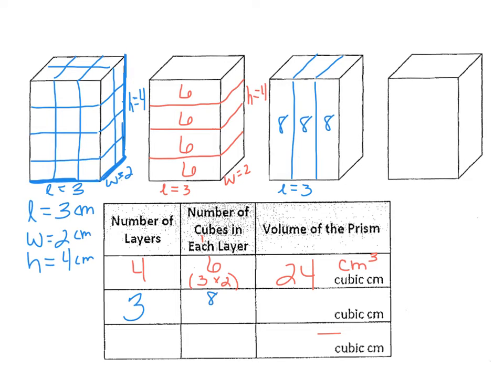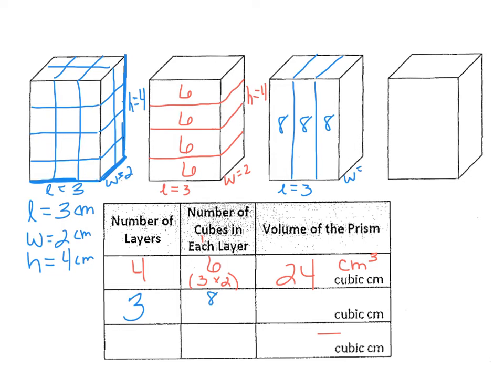Well, I'm going to put 8, and number of cubes in each layer is 8 in my table. But how did we get 8 though? Looking at my original rectangular prism, where could I see 8? Well, I could see it by my width times my height.